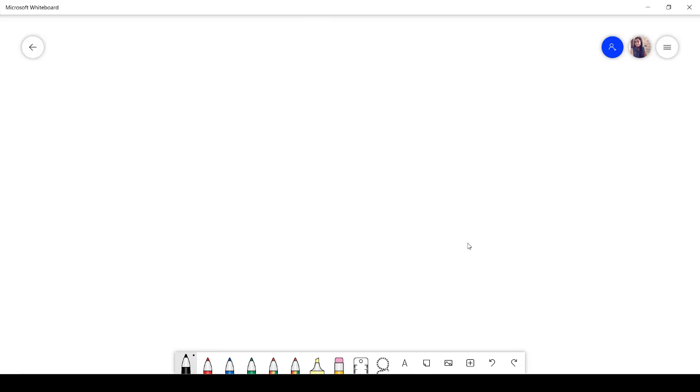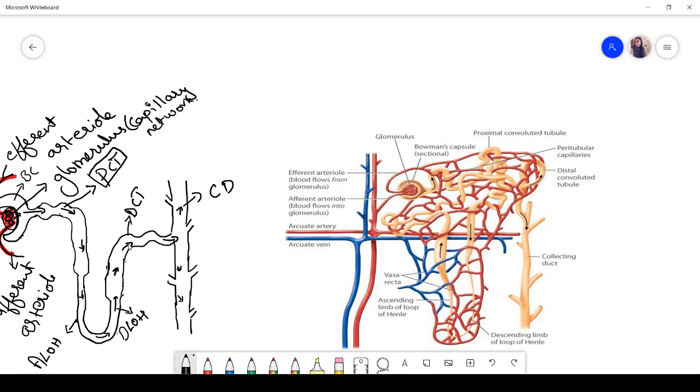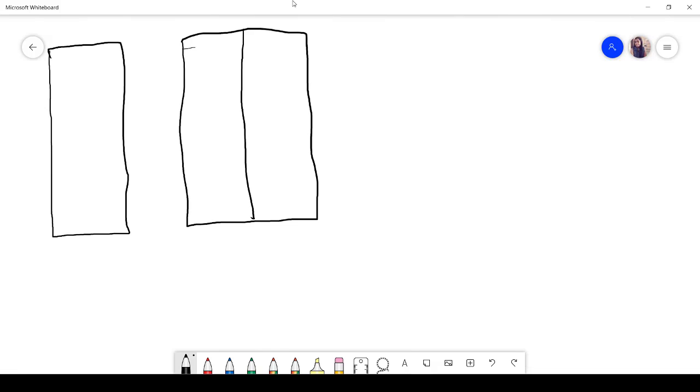Next, let's see the distal convoluted tubule plus collecting duct. This is the area that comes under both the distal convoluted tubule as well as the collecting duct. Here this is the peritubular capillaries, and this is the collecting duct and distal convoluted tubule.